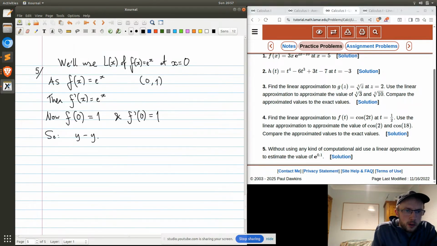Y minus y1 equals m times x minus x1. Y minus 1 equals, what's the gradient? 1. What's the value of x? Well, doesn't matter. I see.